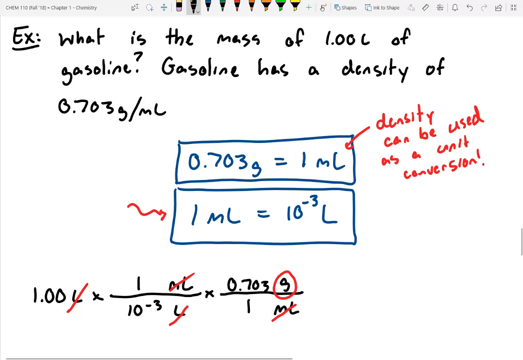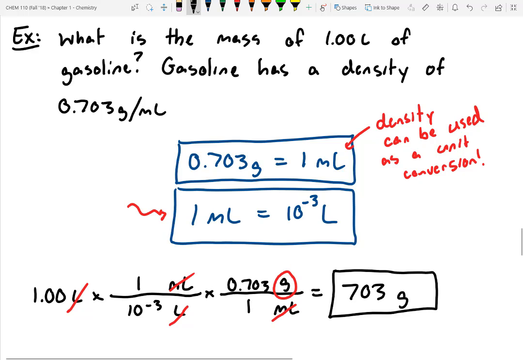So we can go ahead and plug this into our calculator, and it should give you an answer that is 703 grams. Does this have the appropriate number of sig figs? Yeah, absolutely. We had 3 sig figs going in, we have 3 sig figs coming out. Does that make sense?